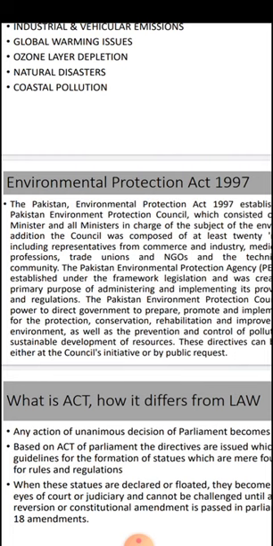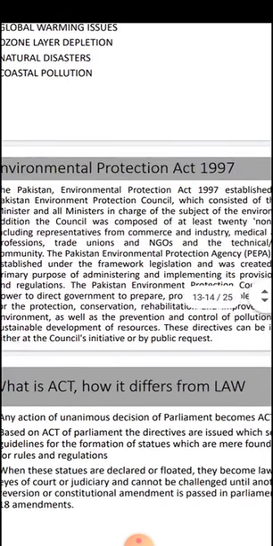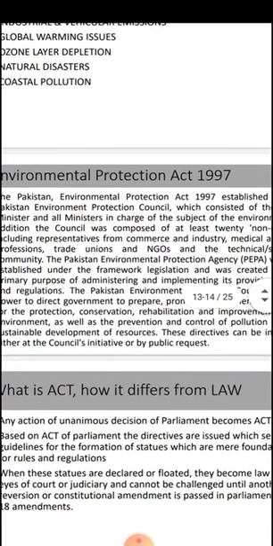An act is actually something which is made and approved by the parliament, and that has the authority to further develop the rules and regulations, and actually it is going to guide us to develop laws, and then those laws will be further implemented by our judiciary and other law implementing authorities. So just to have a look at the Environmental Protection Act.